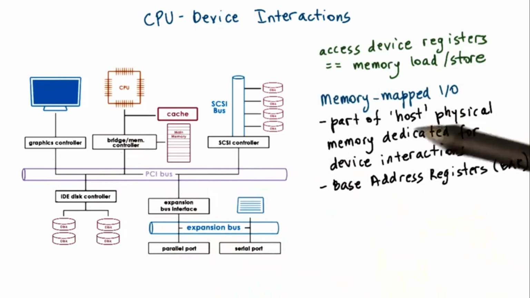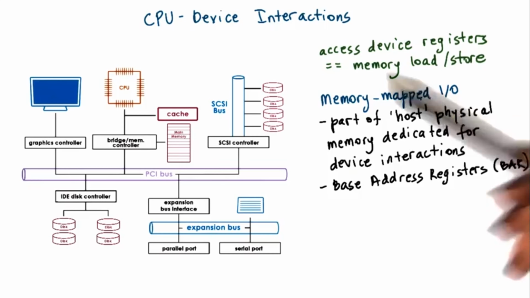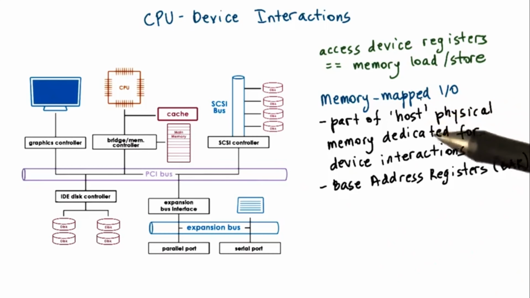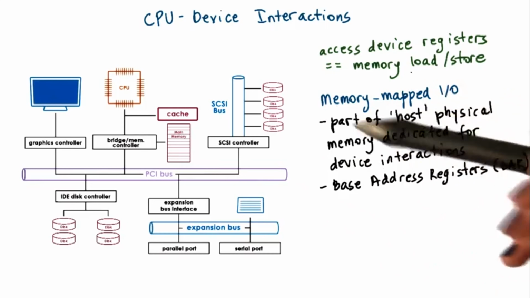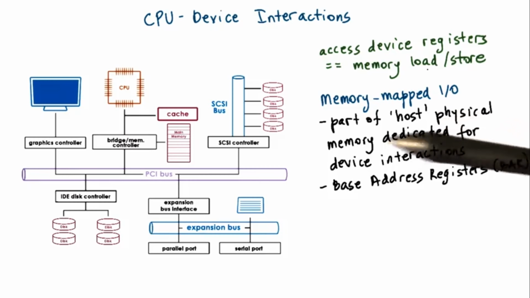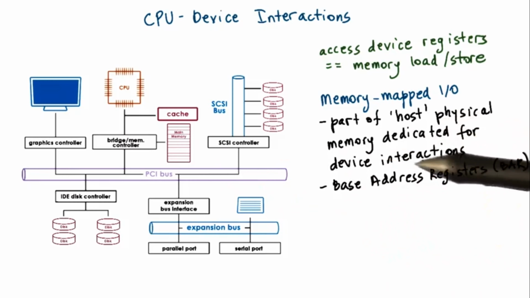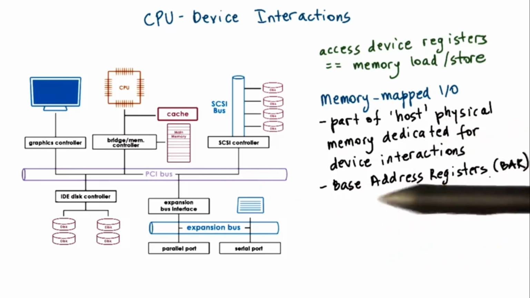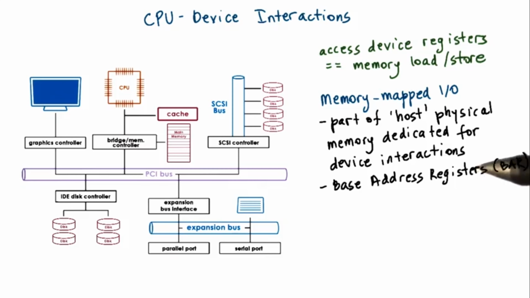What this means is that a portion of the physical memory on that computing system is dedicated for interactions with the device. We call this memory mapped I/O. And the portion of the memory that's reserved for these interactions is controlled by a specific set of registers, the base address registers.